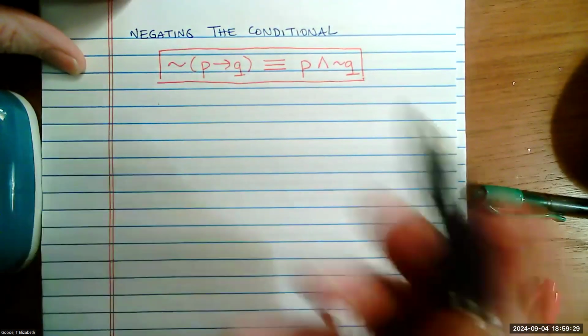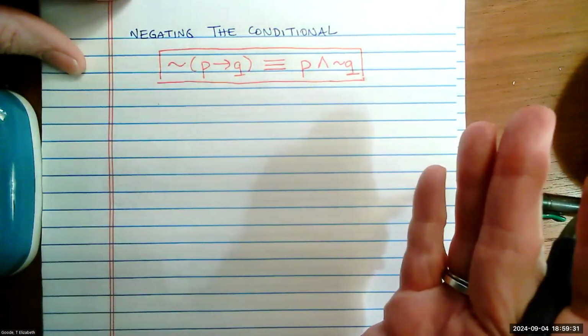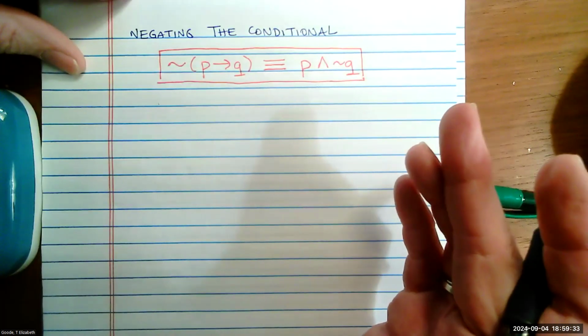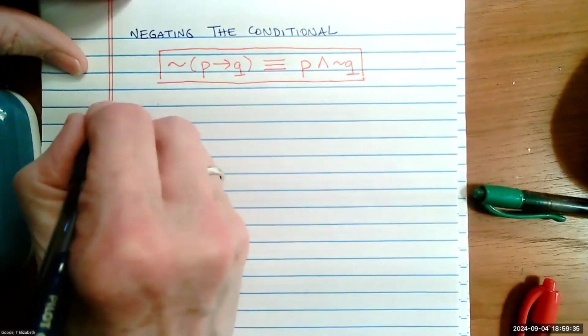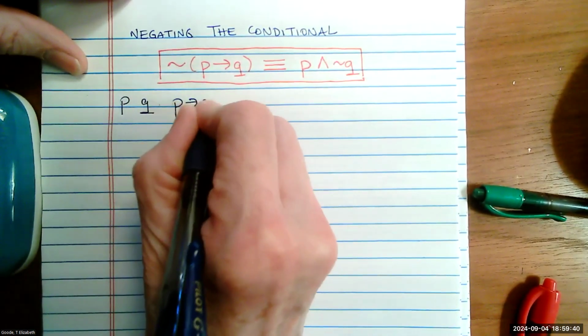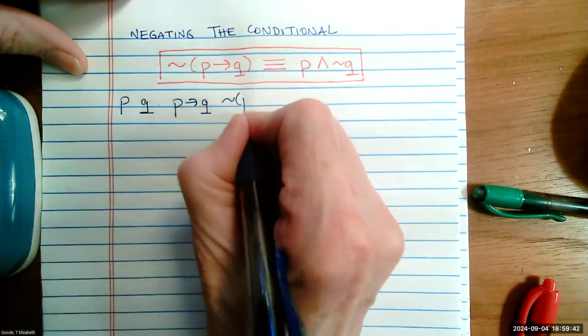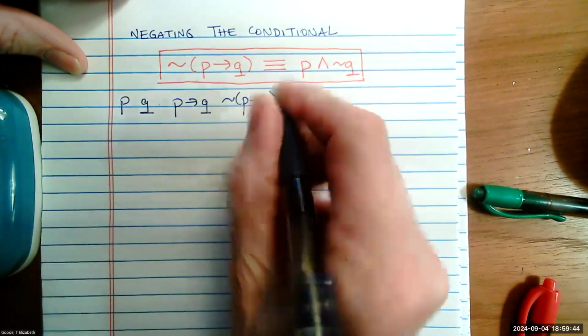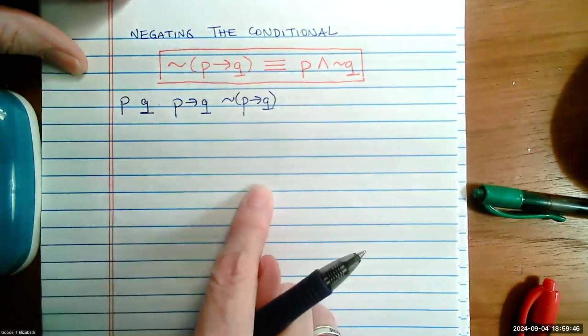Now, you don't have to believe me. Let's take a look at a truth table and see if it really is right. So here's P, here's Q, here's P implies Q. Now we'll negate P implies Q, okay? So that'll for sure mean not (P implies Q).